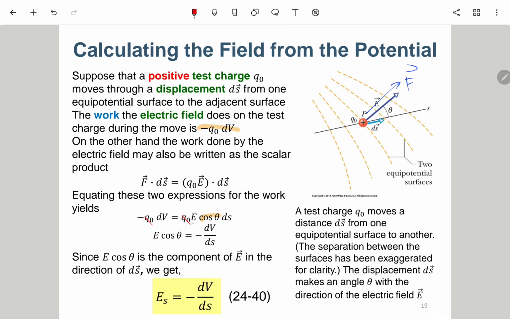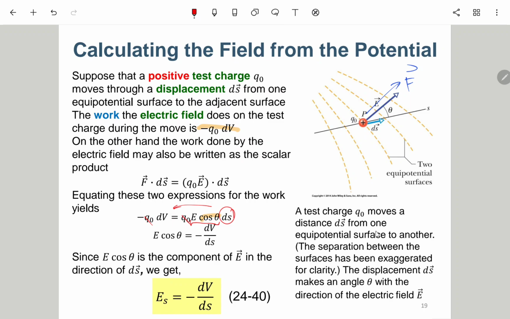We just remain with E times cosine theta on one side, and we move ds to the other side. It turns out to be negative dV over ds, and swapping left and right, E cosine theta equals negative dV/ds, the derivative of the potential with respect to the displacement.